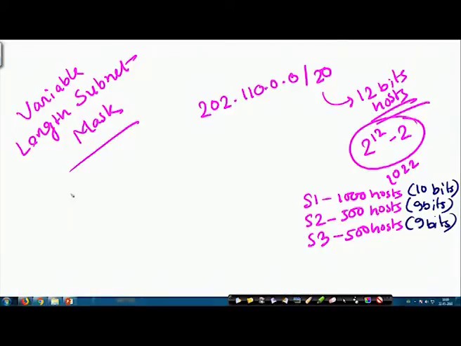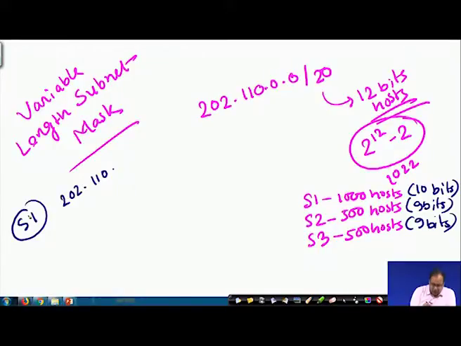Say my network IP is 202.110. Now, for S1 I take 2 bits to denote the subnet prefix, and the remaining bits are host bits.